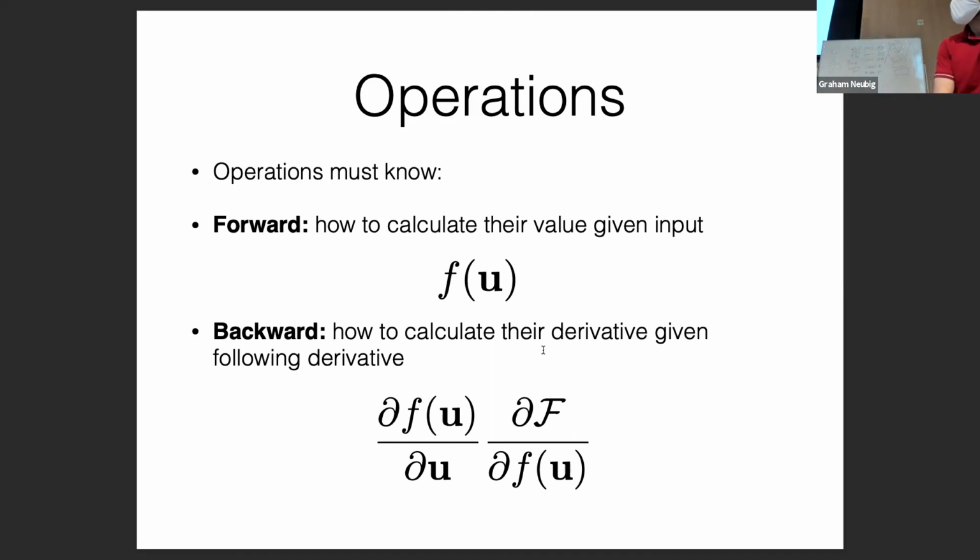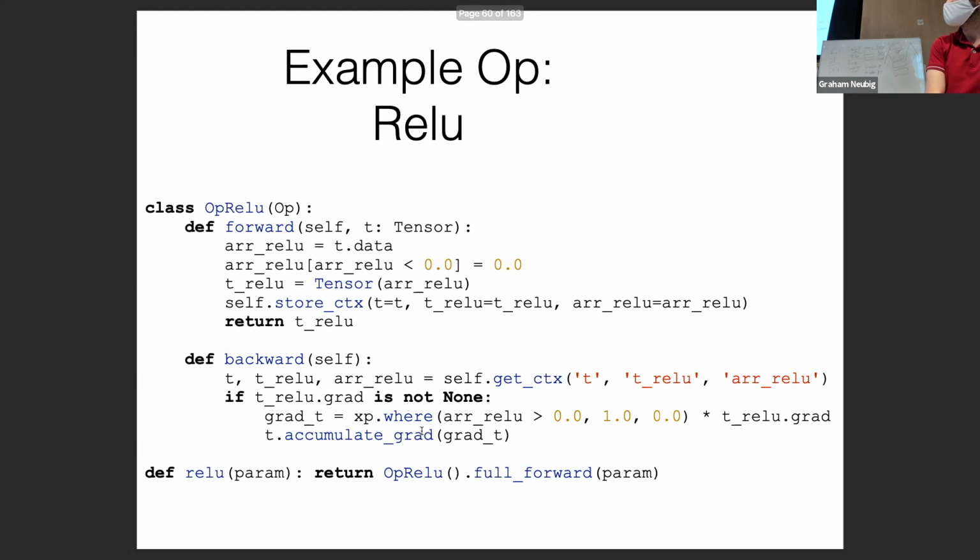So basically, that's what I wrote up here. And we want to store the gradient of the final function, like the loss function or something like this. And if you remember from last class, we're going to do that in a backward operation where we step backward through the graph. So we will calculate this derivative given the final loss, given what we know about the derivative for the following node. I'll show an example.